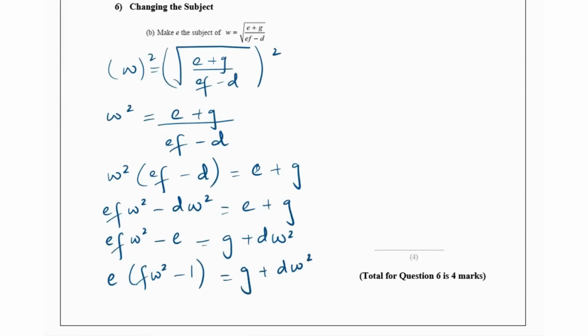Now if you notice, compared to the original equation and this one, we have E only once now, whereas in the original equation, E existed twice. So the main goal behind rearranging this was to make sure that E was existing only once, so you can easily make it the subject. So now E would be G plus D W squared divided by F W squared minus 1. That's your answer.